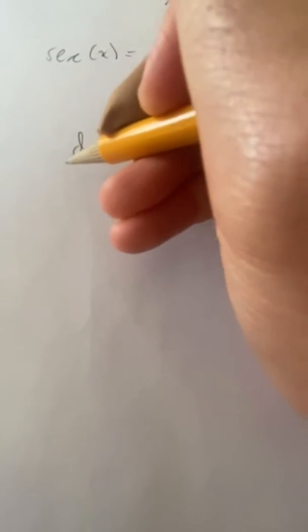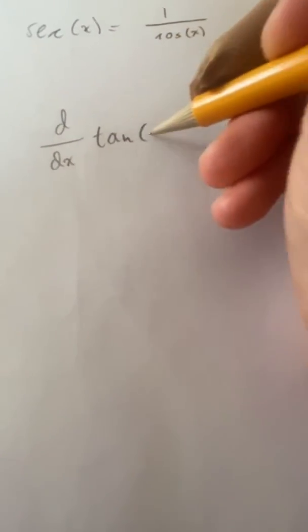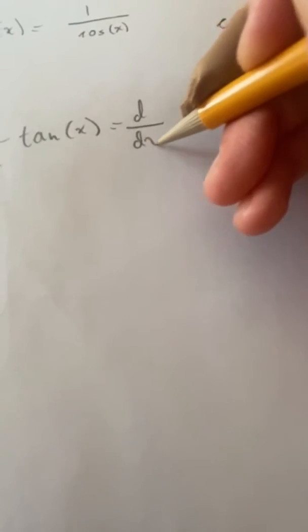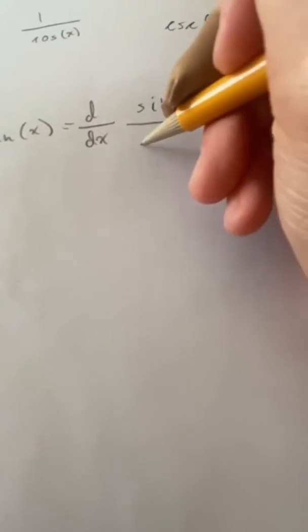So if we want to take the derivative of the tangent of x, this is going to be the same as taking the derivative of the sine of x over the cosine of x. Okay, so the first thing that we're going to want to do is say which one is our g and which one is our h.